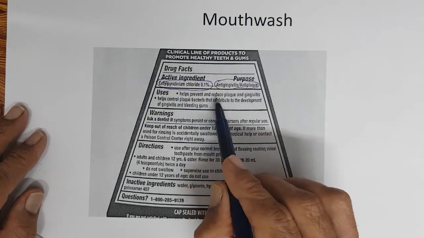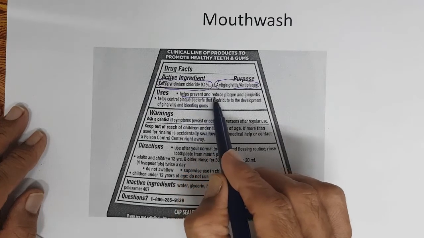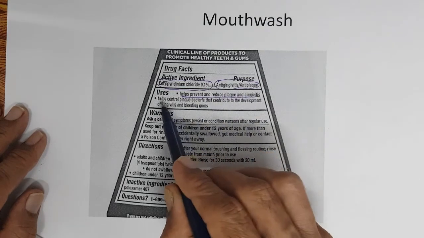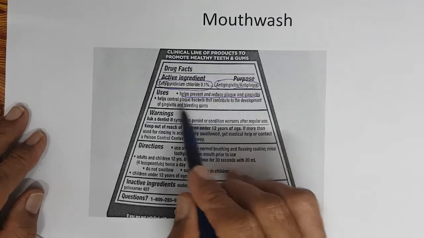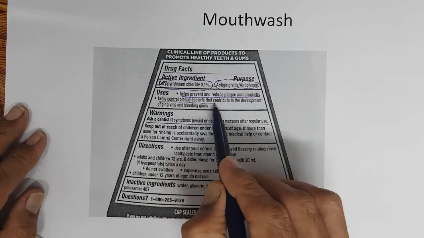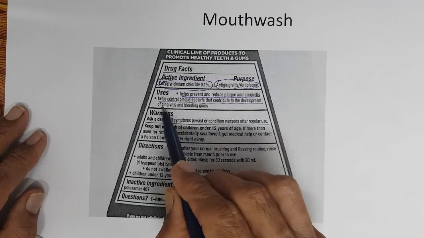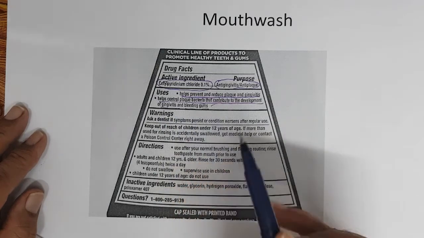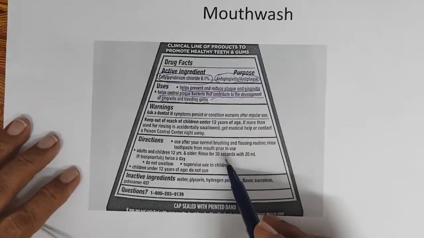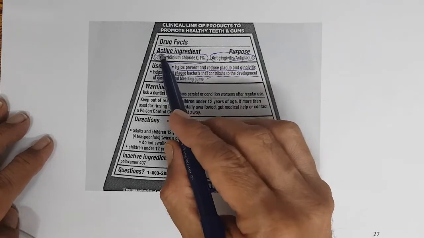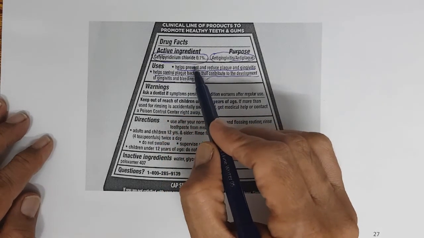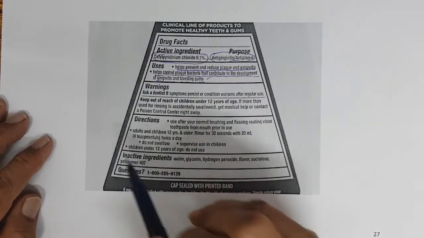Helps prevent and reduce plaque and gingivitis. It helps to prevent, it doesn't treat. Helps control plaque that contributes to the development of gingivitis and bleeding gums, right. So, the active ingredient is cetylpyridinium chloride at 0.1%.